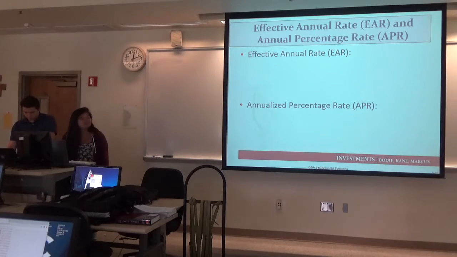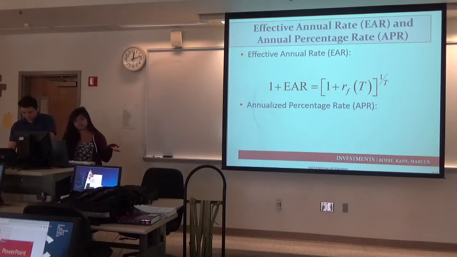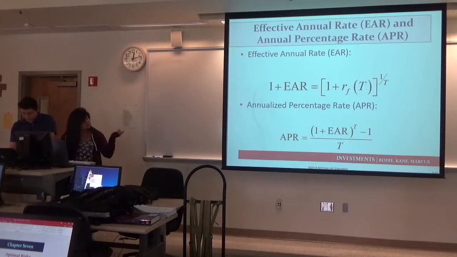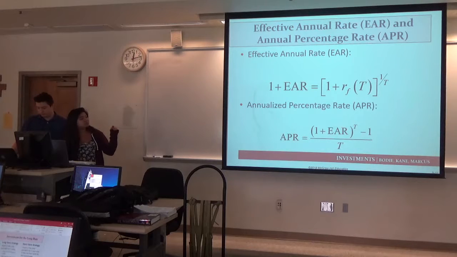To find the effective annual rate, you would basically do 1 plus the effective annual rate is equal to 1 plus the rate of return to the power of 1 over T. And then this is the annualized percentage rate, which is 1 plus the effective annual rate to the simple interest rate minus 1, over T. The difference is that the effective annual rate is used for funds that are invested over a 1-year period, and you would use the compounding interest rate, and for the annual percentage rate, you would only use simple interest.